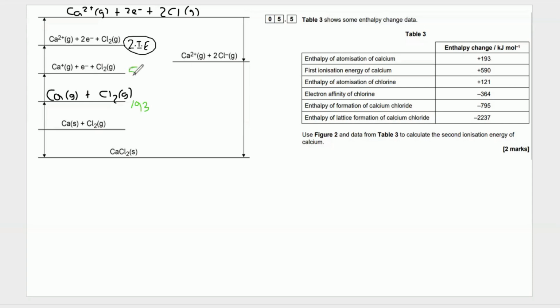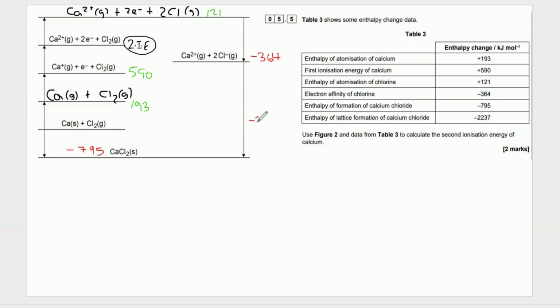So I'm writing 193 here, and that's because that is the atomization of calcium. 590 there for the first ionization energy of calcium. We don't know the second IE. We know that 121 is for the atomization of chlorine, and minus 364 I've written in red for some reason. That is the electron affinity of chlorine.